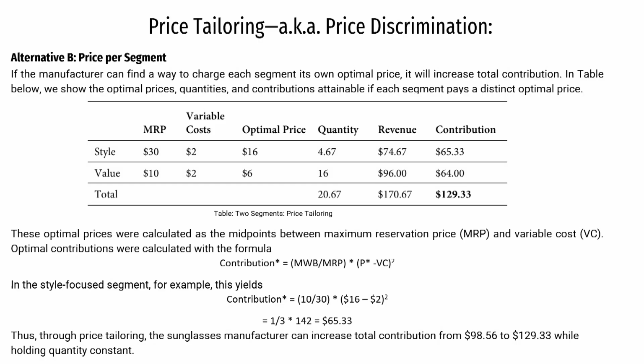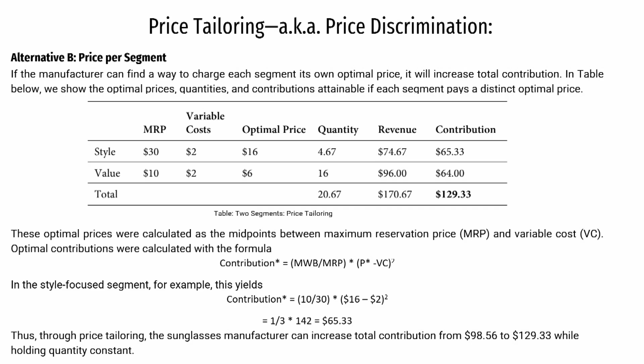It is $16 and the quantity demanded is 4.67. The total contribution is 65.33. And for the value segment, if I set a price at $6, which is midway between the variable cost and the MRP, then I am getting a total contribution of $64.